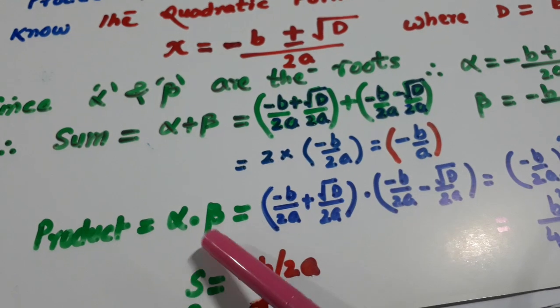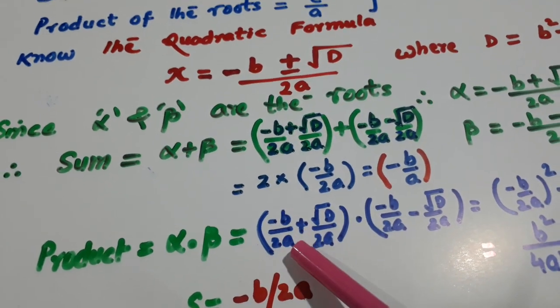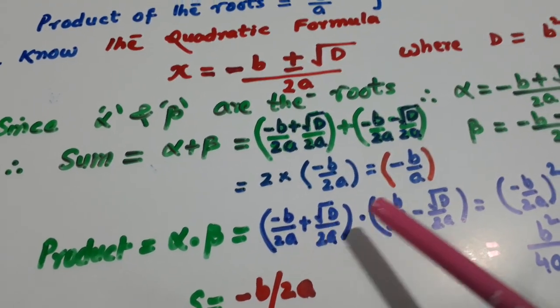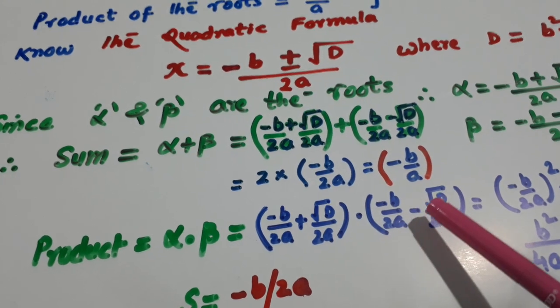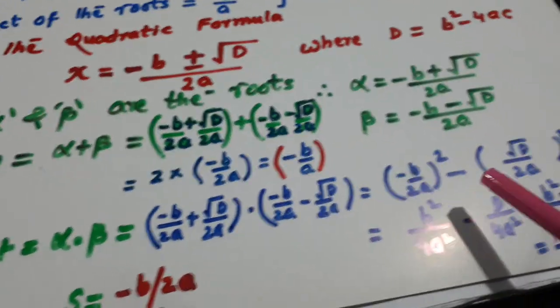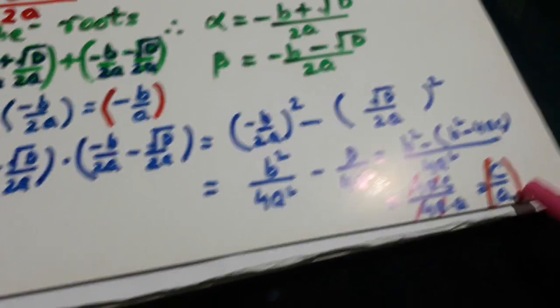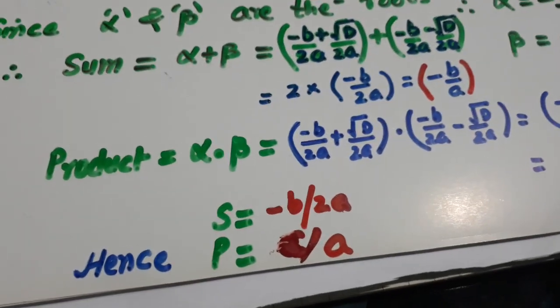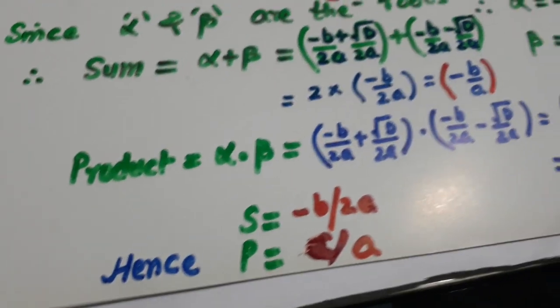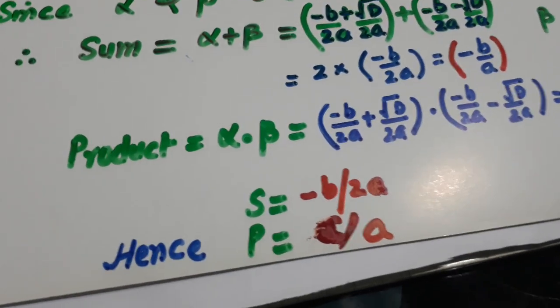If you take the product, minus b over 2a plus root D over 2a into minus b over 2a minus root D over 2a, it comes out to be c over a. So the sum of the roots is minus b over a and the product of the roots is c over a.